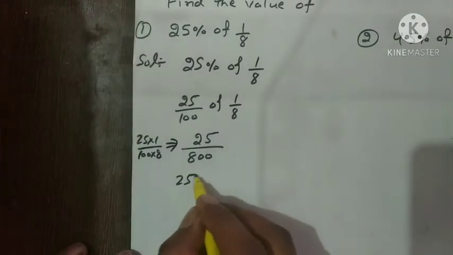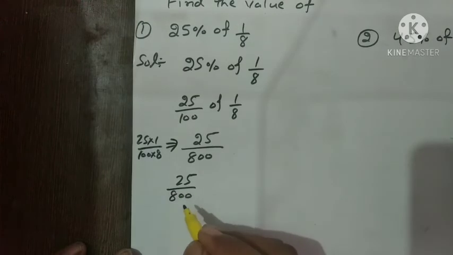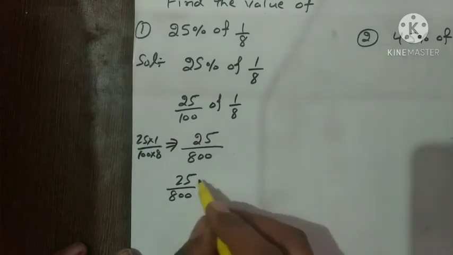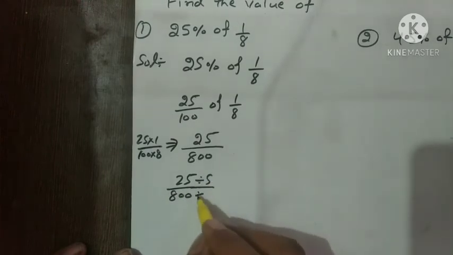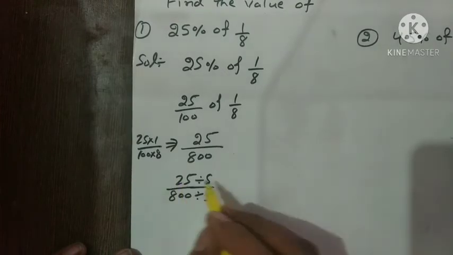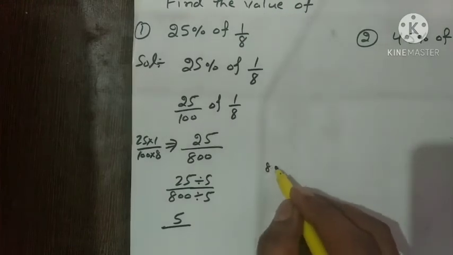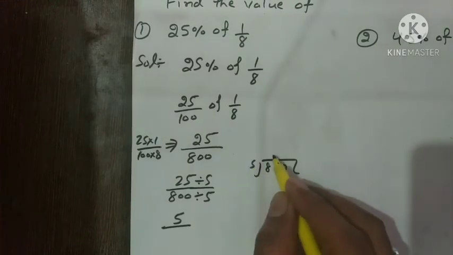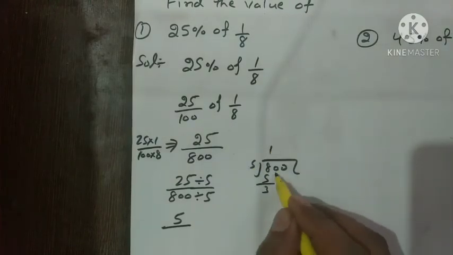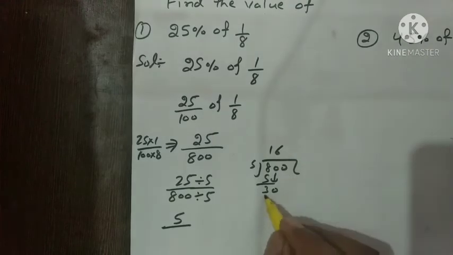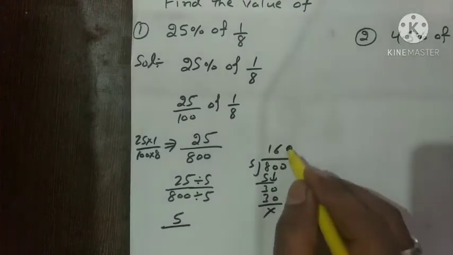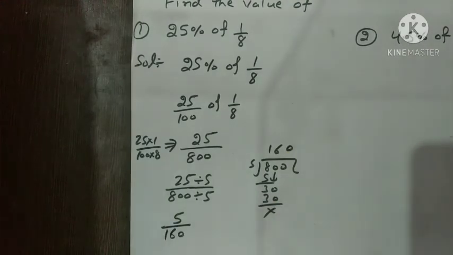Now both 25 and 800 are divisible by 5. So I will divide this by 5 and this by 5. 25 divided by 5, the answer is 5. And 800 divided by 5 is 160.